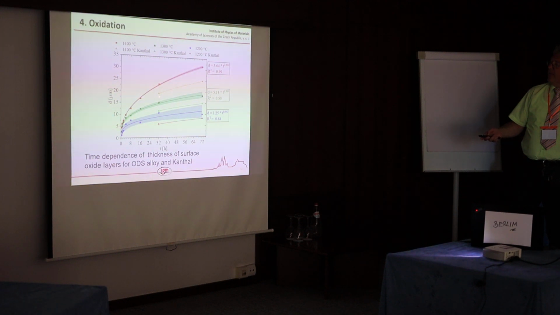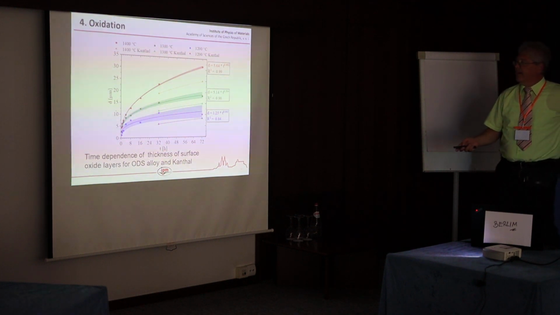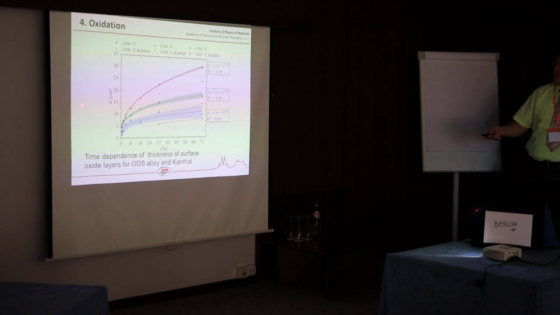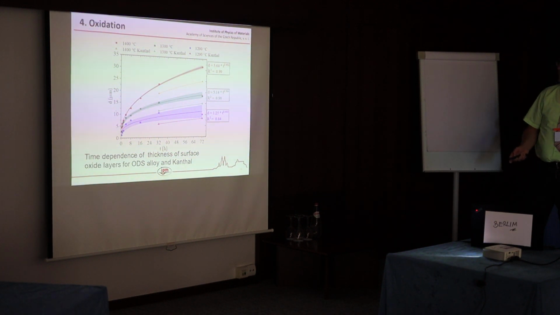Kanthal alloy seems to be a little bit more oxidation resistant because it's gaining less weight, or basically the thickness of the layer. Here is the thickness of the layer, here are hours of exposure at these temperatures.